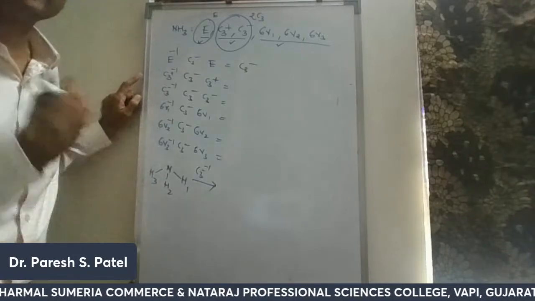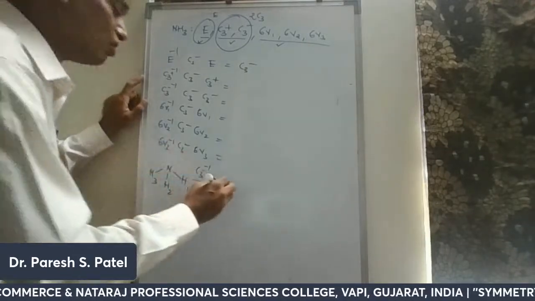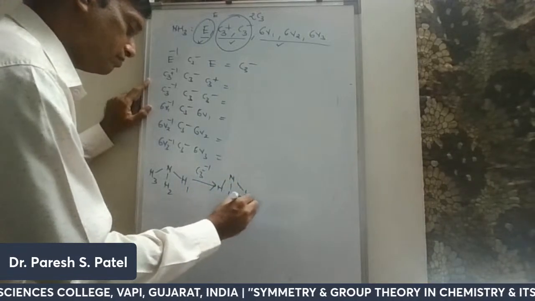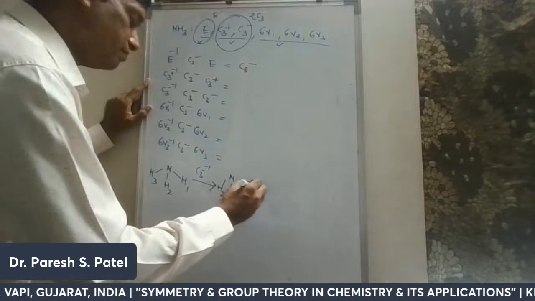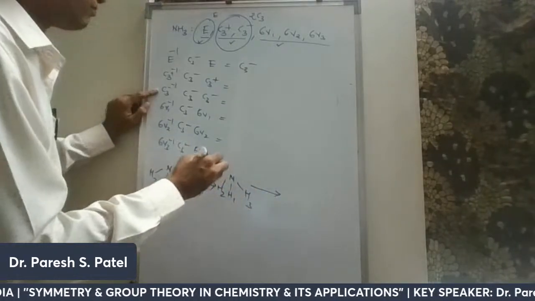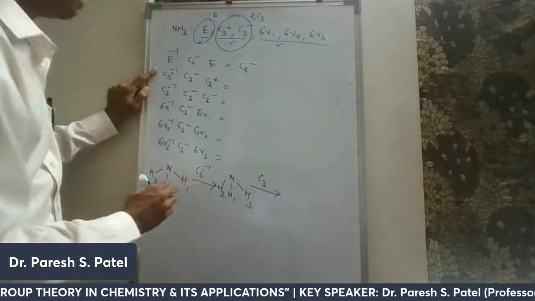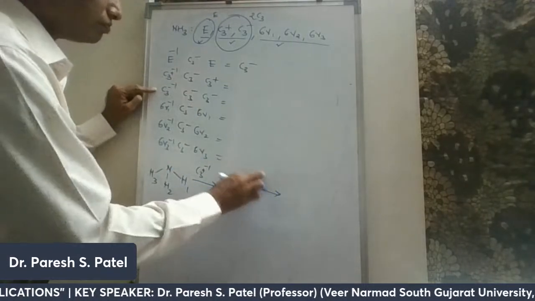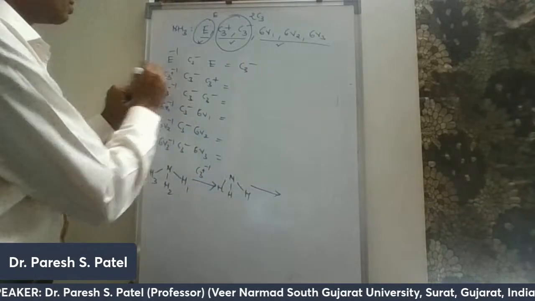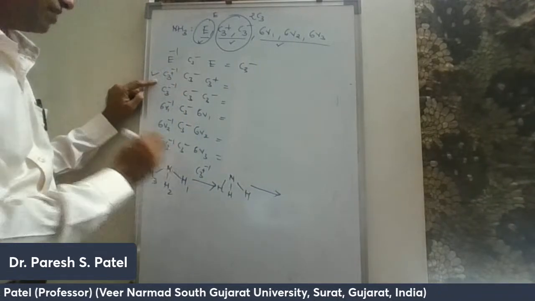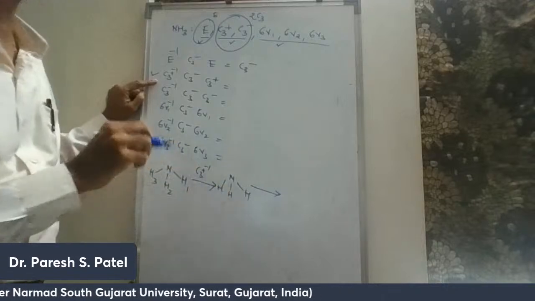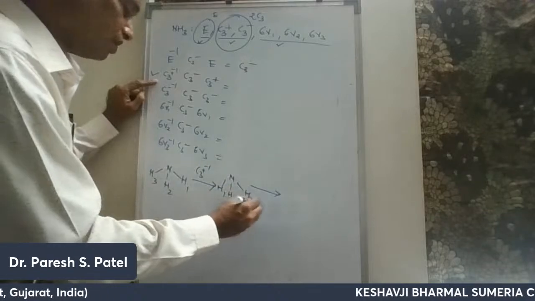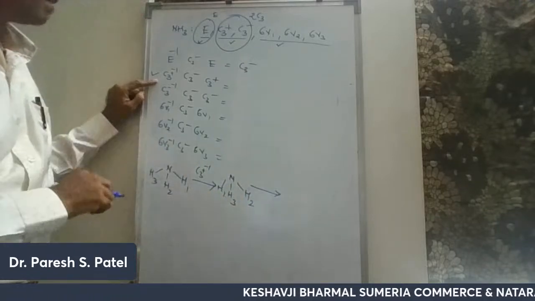And C3 minus inverse means one time clockwise rotation. 1, 2, and 3. Then C3 minus. Just a minute. It is C3 plus inverse. So first of all, C3 plus inverse. C3 plus means one time clockwise rotation, and its inverse means one time anti-clockwise rotation. 1, 2, and 3. This is one time anti-clockwise rotation.